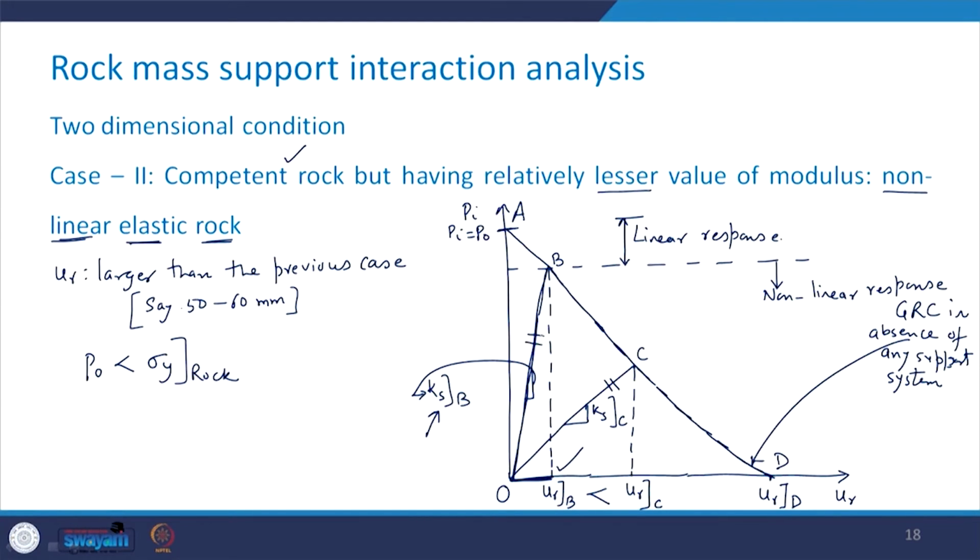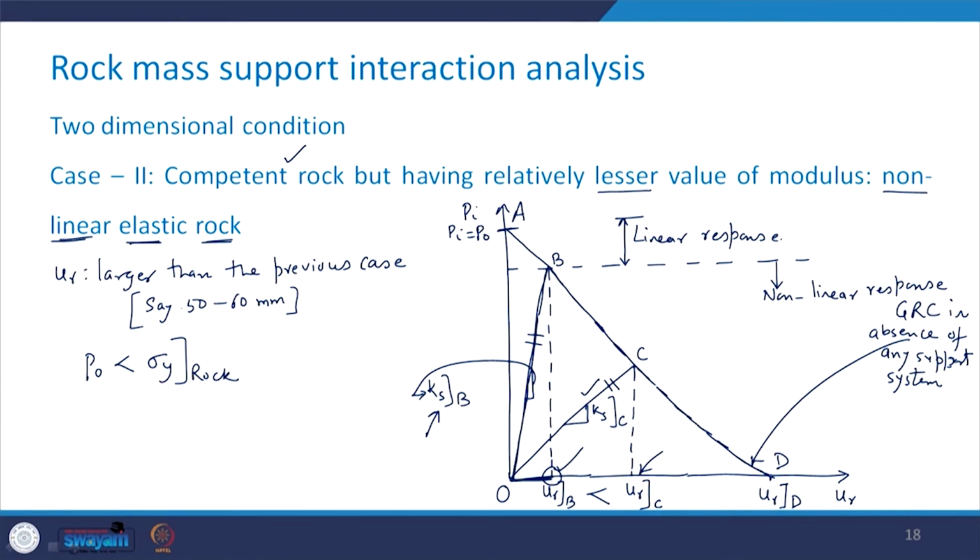That means that the stiffness of the support required to arrest this much of the deformation will be less than that of the system which is required to arrest this much of the radial deformation.